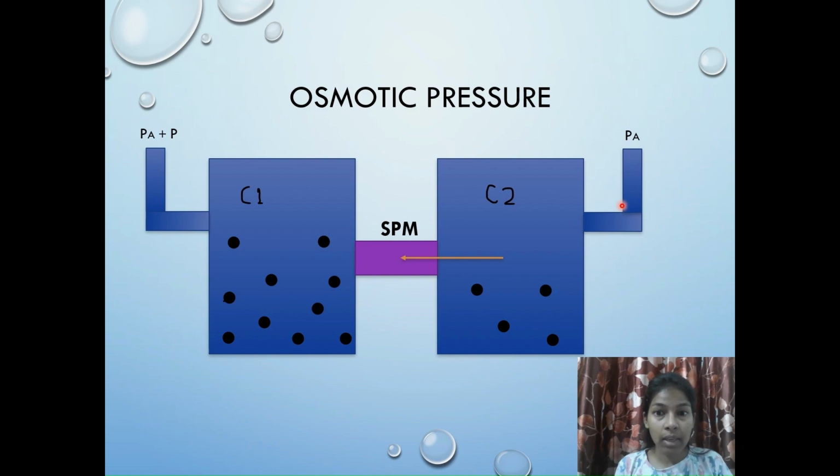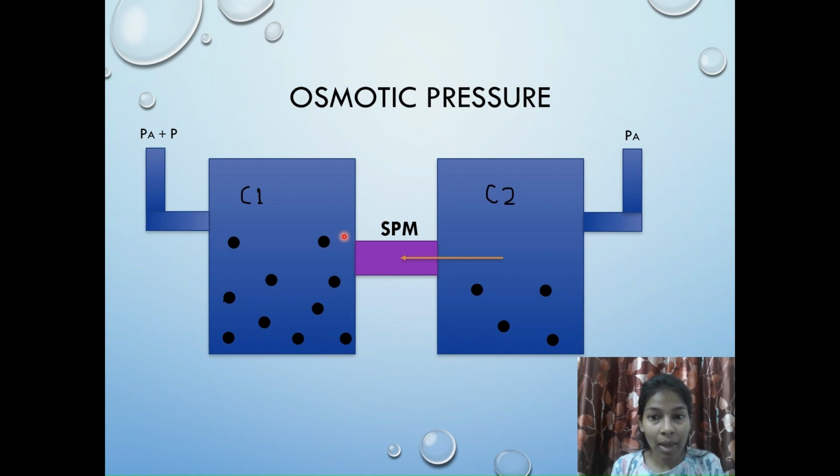Now what we have seen is that solvent is moving from C2 to C1, and if I keep the setup in an open atmosphere, then an atmospheric pressure PA will be acting on both sides. Now I apply an external pressure on the C1 side to counter the concentration difference of the solvent. Now I keep on increasing this pressure slowly.